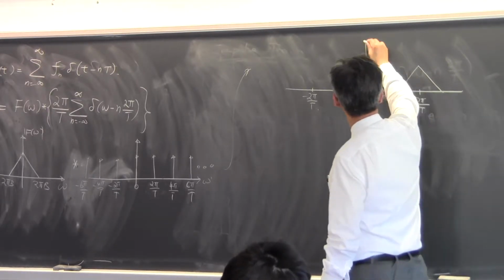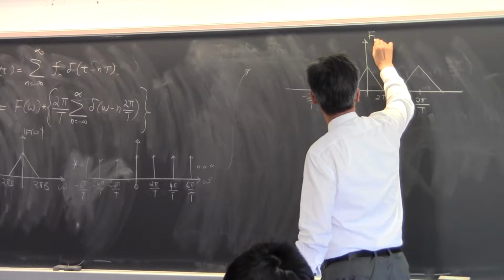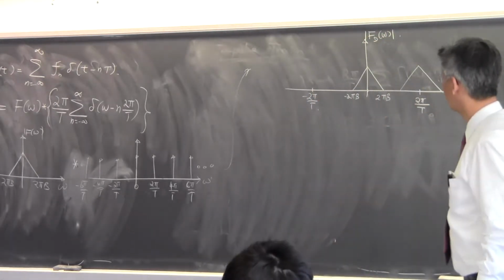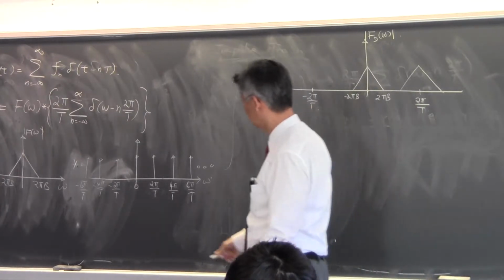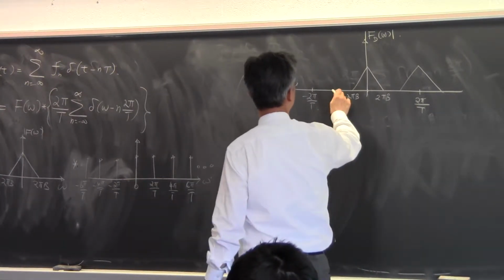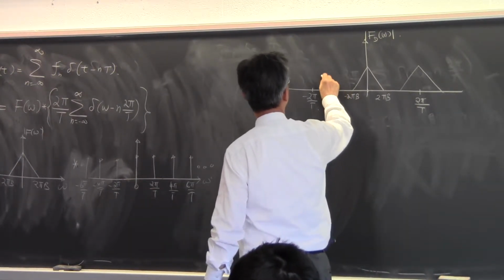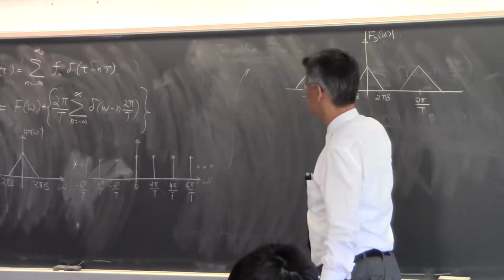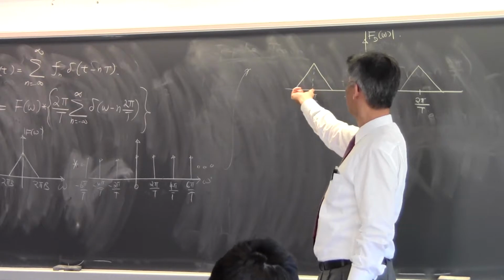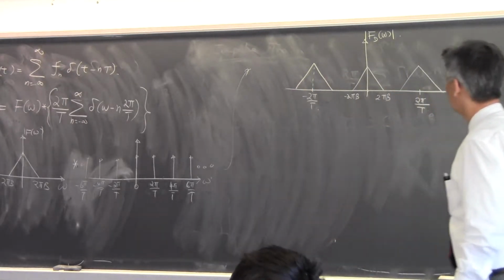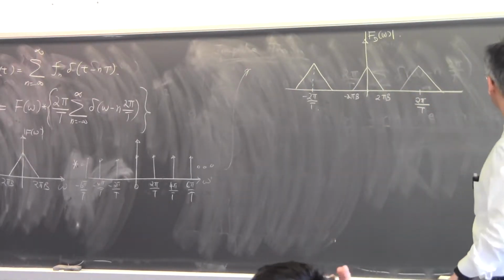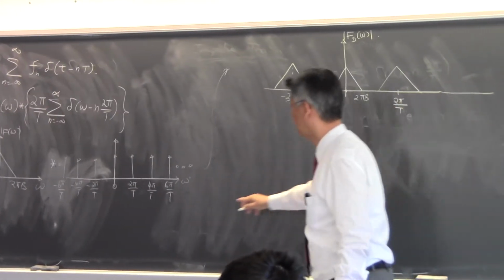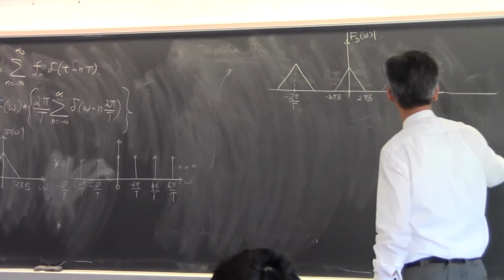This is the spectrum of F sub d of omega. It will look something like that. Continuing with the other impulse, this one gives a triangle peak about here, with plus 2 pi B and minus 2 pi B. These triangles keep repeating themselves, each time centered at the location of where the impulses are.